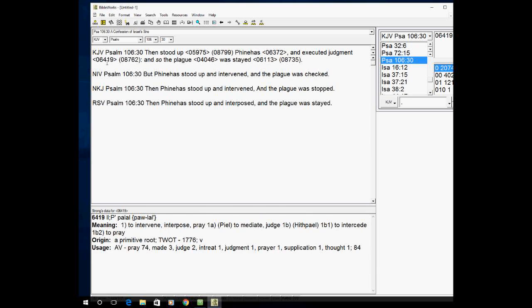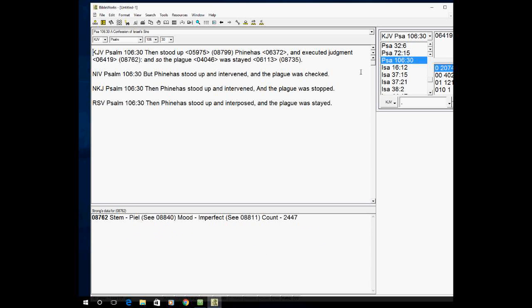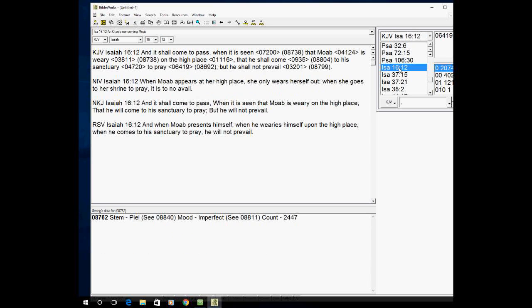And we know that Phinehas did more than pray. That's just a little sidelight, but he did intercede. In other words, it shows the true meaning is that he intervenes. He interceded for Israel. And so whether this is talking about Phinehas saying a short prayer before he thrust the sword through, or this is talking about thrusting the sword through, either way he intervened or he interceded. He did intercession on behalf of Israel. So we're getting a little bit more to the nuts and bolts.